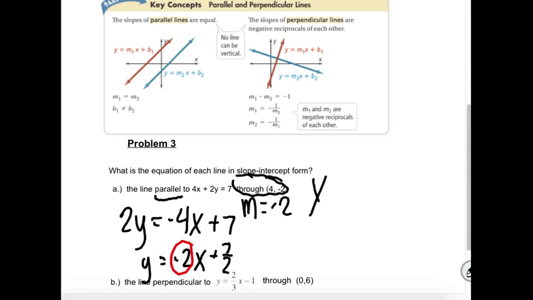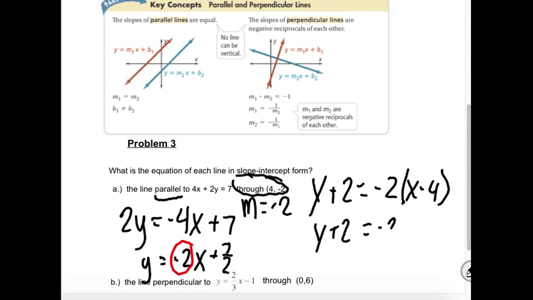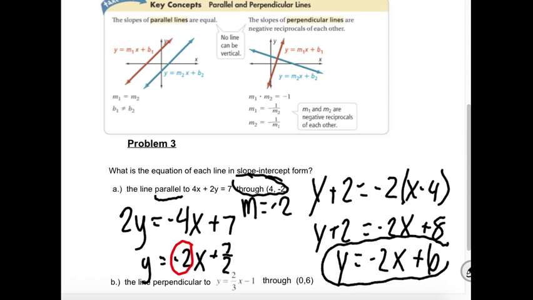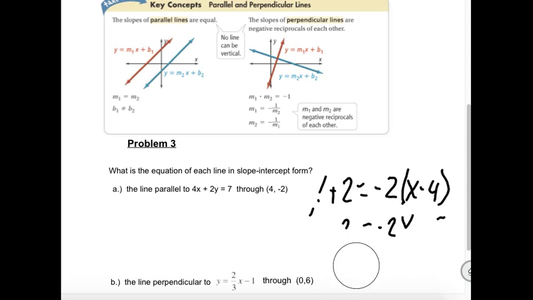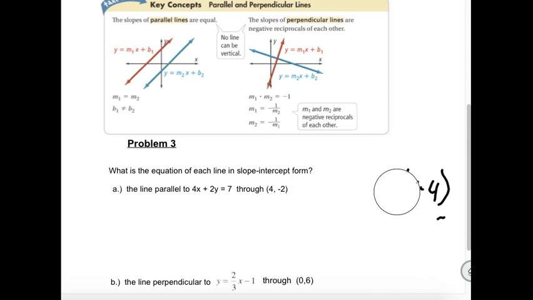I have y minus -2 equals my slope I want to use, -2, times x minus 4, and then distribute my -2: -2x plus 8, subtract my 2, y equals -2x plus 6, which is now in slope-intercept form. Try to do B by yourself, pause the video, and come back and check your answer.